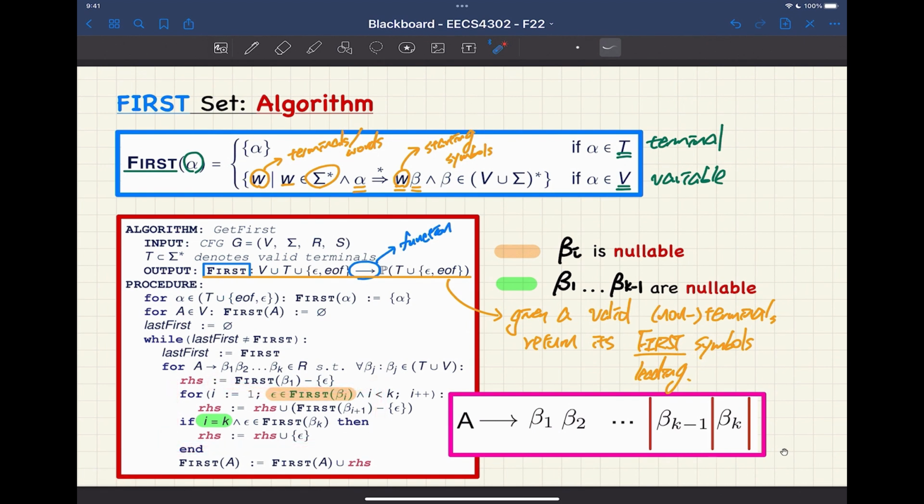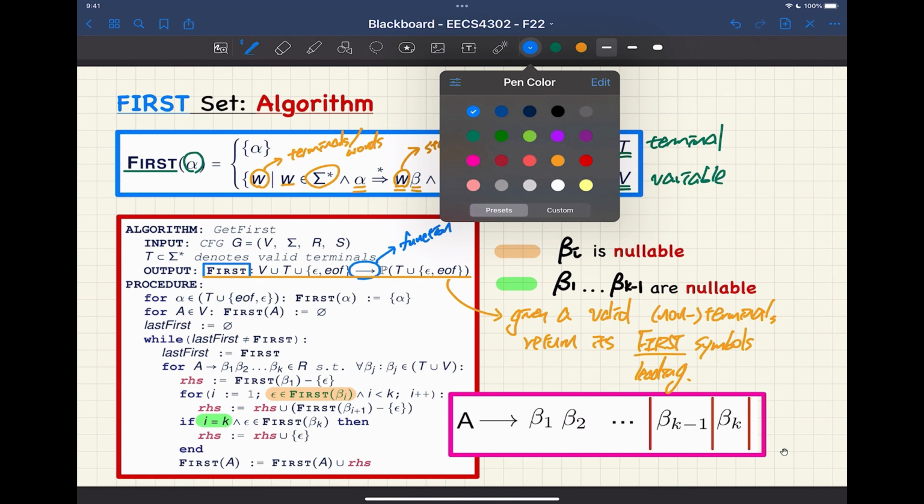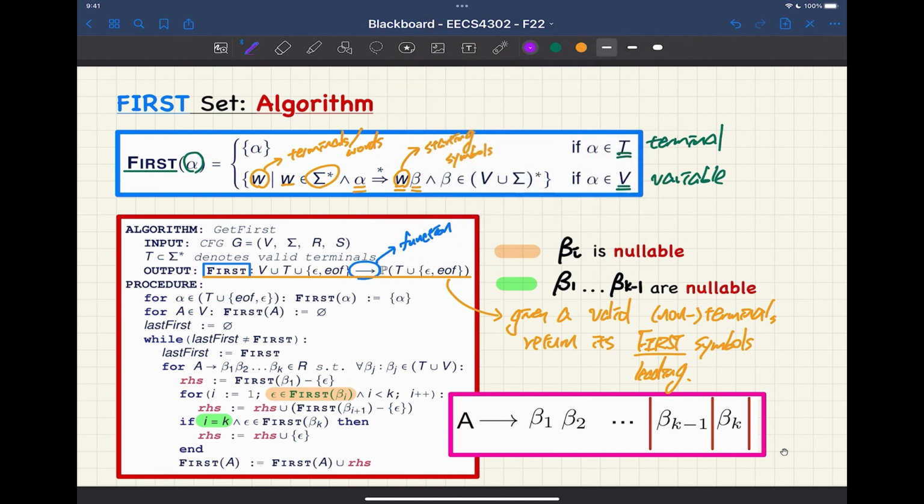Before that, let's take a look at the initial stage. This part over here is just building up the base cases. The first for a terminal: if you remember back in the definition, for any alpha that is a terminal, the first will just be a singleton set, just the terminal itself.